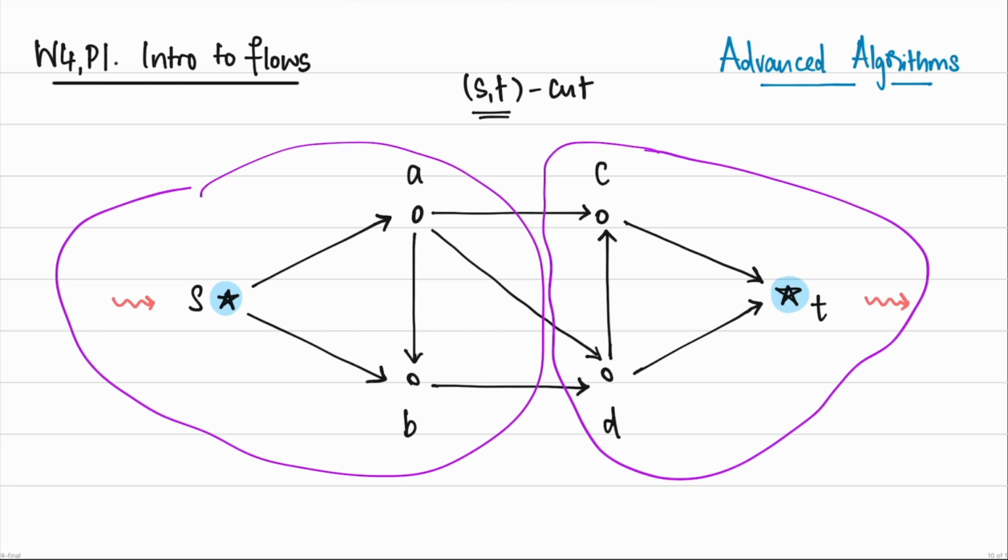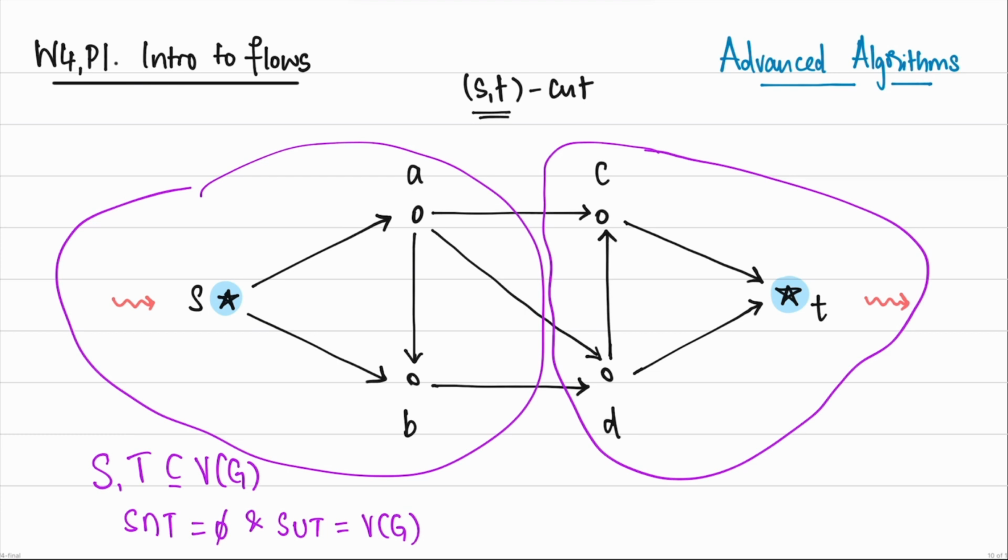So we want S and T subsets of the vertex set such that they don't overlap, so S intersection T is empty, but they also contain every vertex between them. So every vertex either belongs to S or T. So we also need that S union T is the entire vertex set.